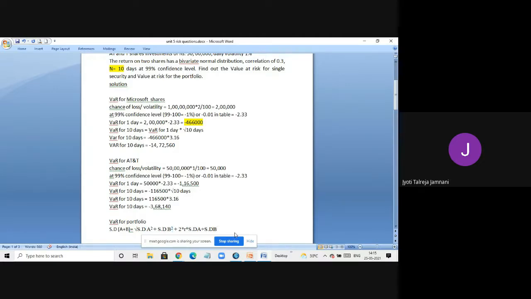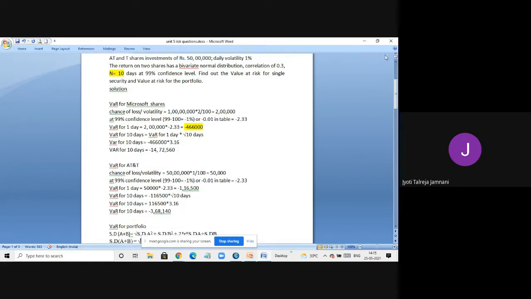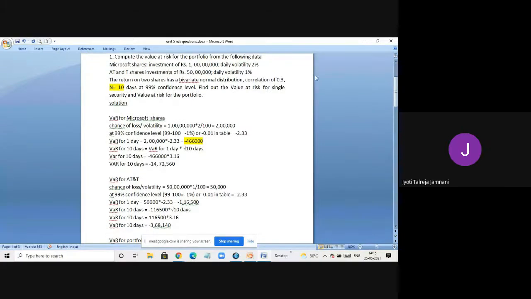So how do we find it? Standard deviation of A plus B, that is the entire portfolio risk we are finding, is equal to square root of. Now standard deviation is nothing but this volatility, that 2%, 1% volatility which was told.